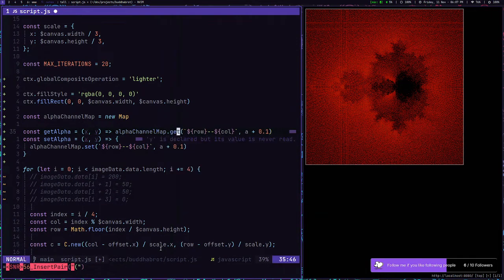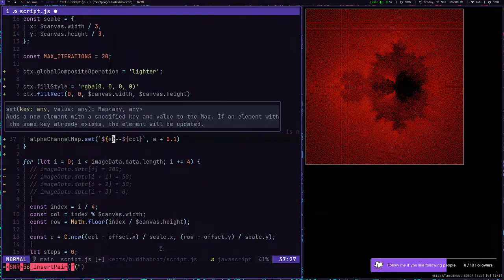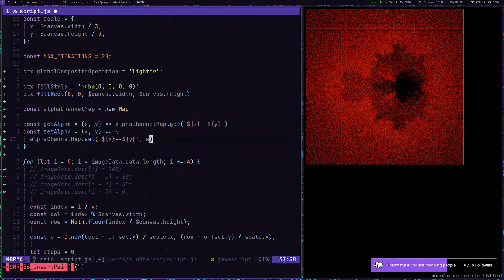Get row comma col. Actually, x comma y is more relevant here, x comma y, and we just get it. We get the alpha channel here, and we do the same for set or something similar, and we just set the value.